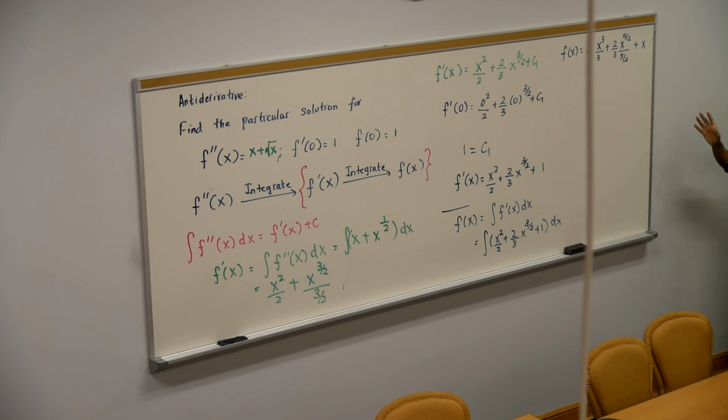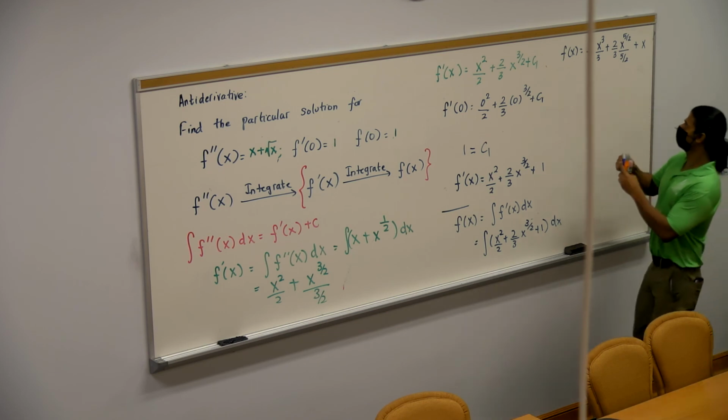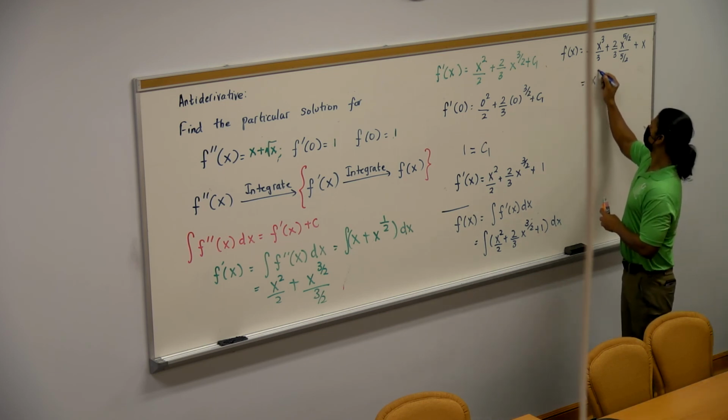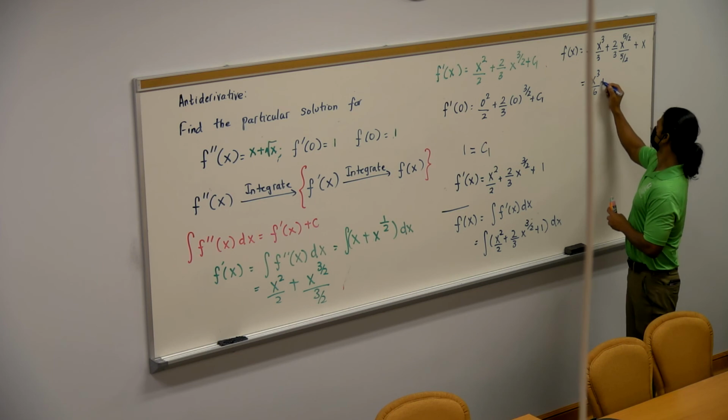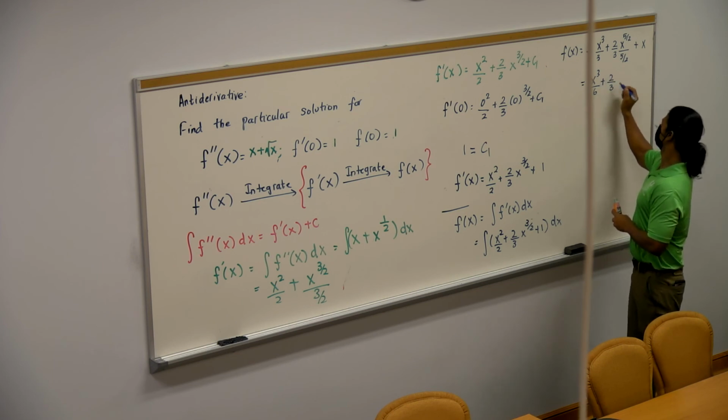Let's simplify this prior to going to the next step. Again, I like to throw in the constant at the very last step. So x cubed divided by 6 plus 2 over 3.